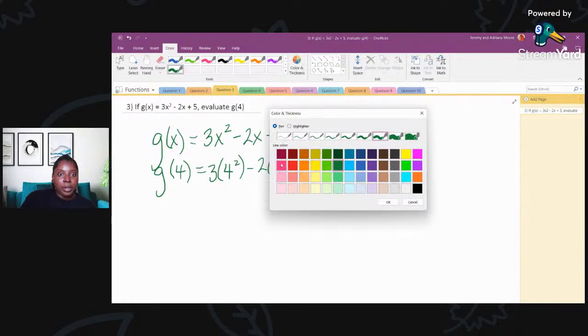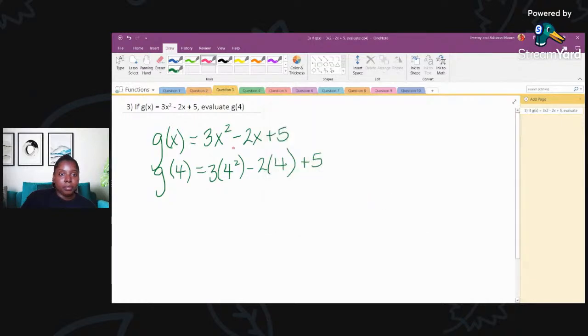So 4 squared, let's start here. 4 squared is 16, okay? 3 times 16, you should have gotten 48. Okay, 2 times 4 is 8. And just keep bringing everything down.